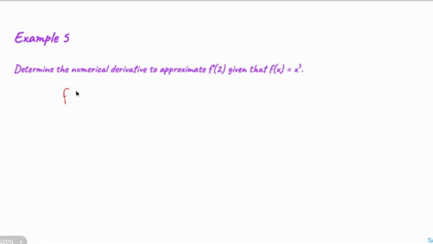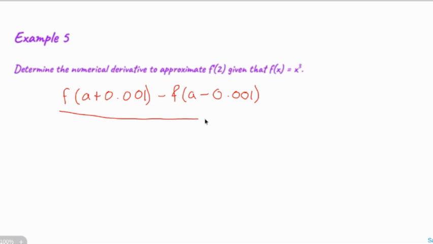So the formula is f of a plus 0.001 minus f of a minus 0.001, all over.